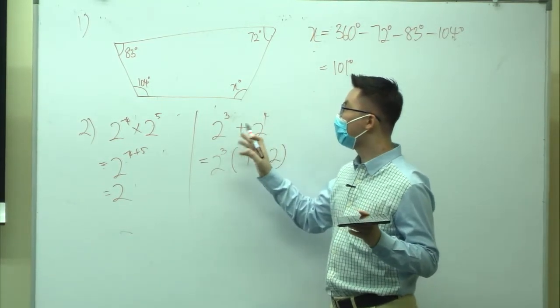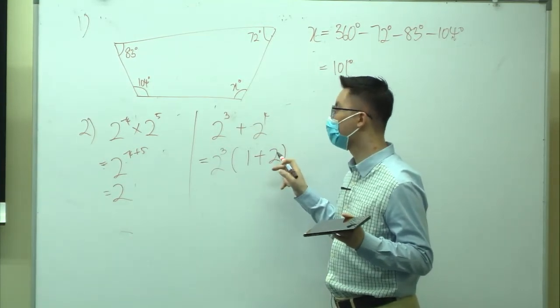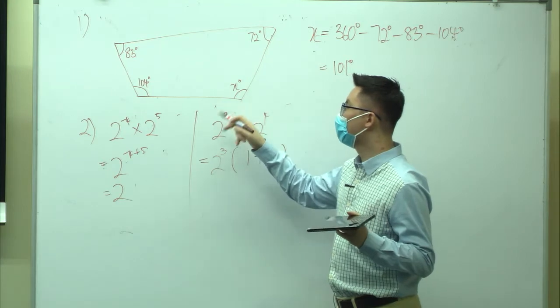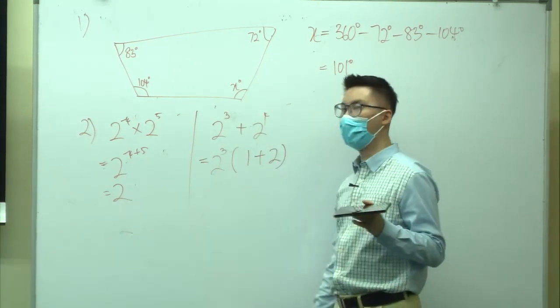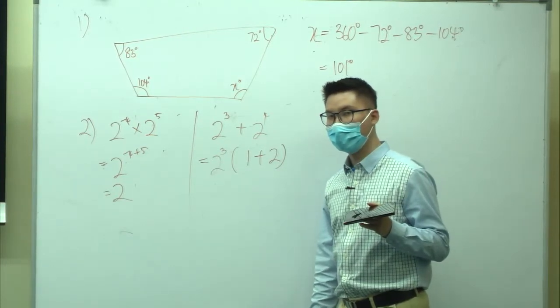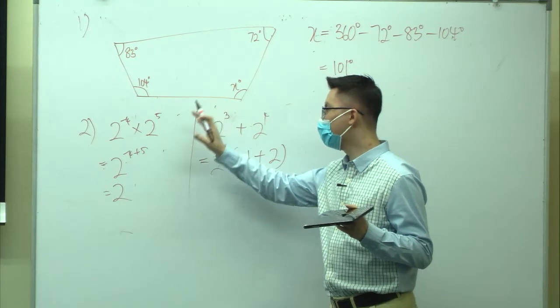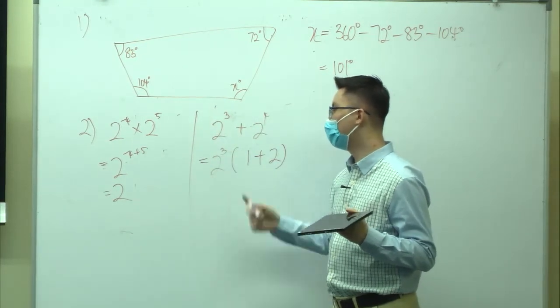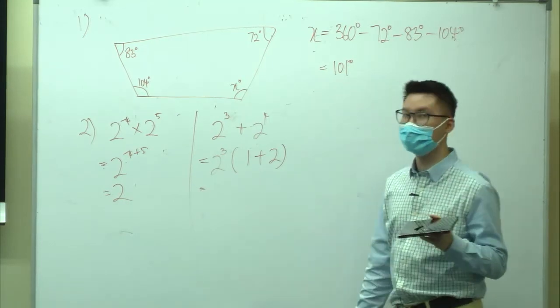You take out the power of 3, you get 2 to the power of 1. That's why it's 2. This one, 2 to the power of 3, you take out all of the 2 to the power of 3, you only left 1. If you take out all of these factors, you left 1. So from here, 1 plus 2 is 3.